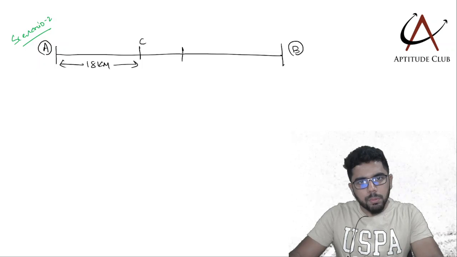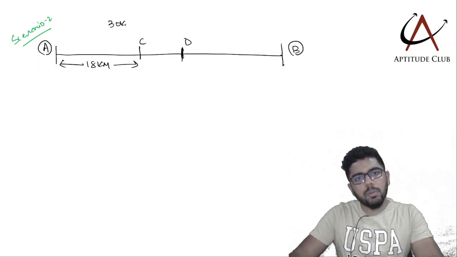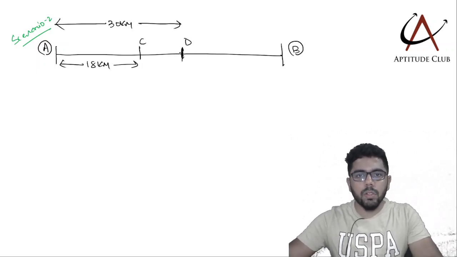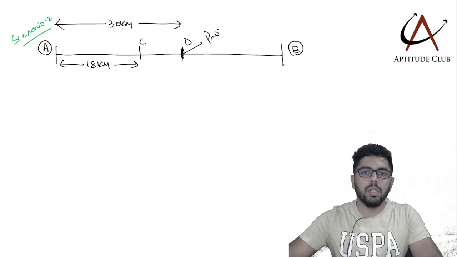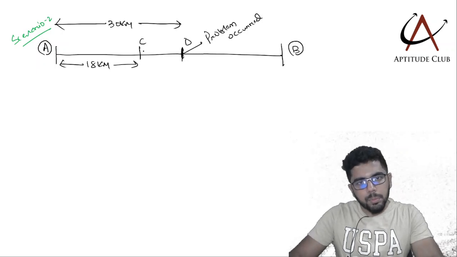I'll now reach a point D. And D is like 30 kilometers from the starting point. And this time the problem occurred here. So that means this gap is 12 kilometers now.